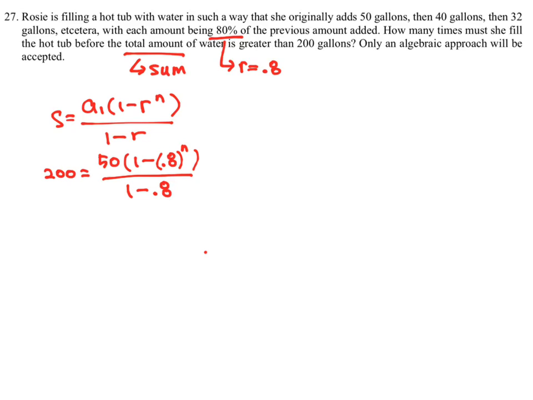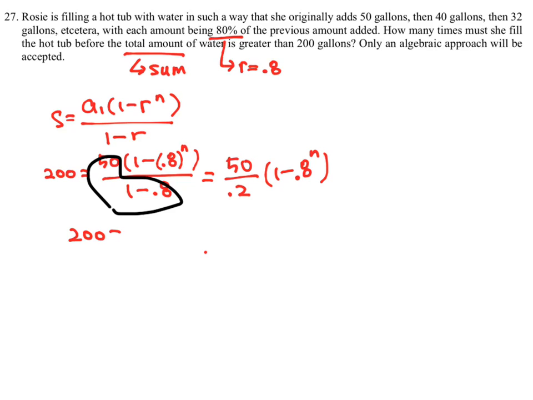Now, 1 minus 0.8 becomes 0.2, so I just group 50 and 0.2 together, right over here. Then what we end up getting is this expression. So now 200 is equal to 50 over 0.2 is in fact 250, and then copying the rest of them down from the previous equation.